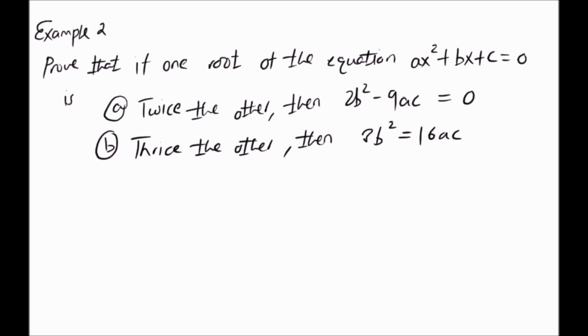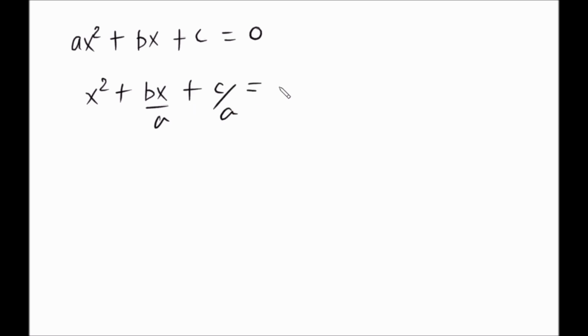Now let's see example 2. Example 2 says prove that if one root of the equation ax squared plus bx plus c equals 0 is twice the other, then 2b squared minus 9ac is equal to 0. So we have this equation ax squared plus bx plus c equals 0. I can write it as x squared plus bx over a plus c over a equals 0.